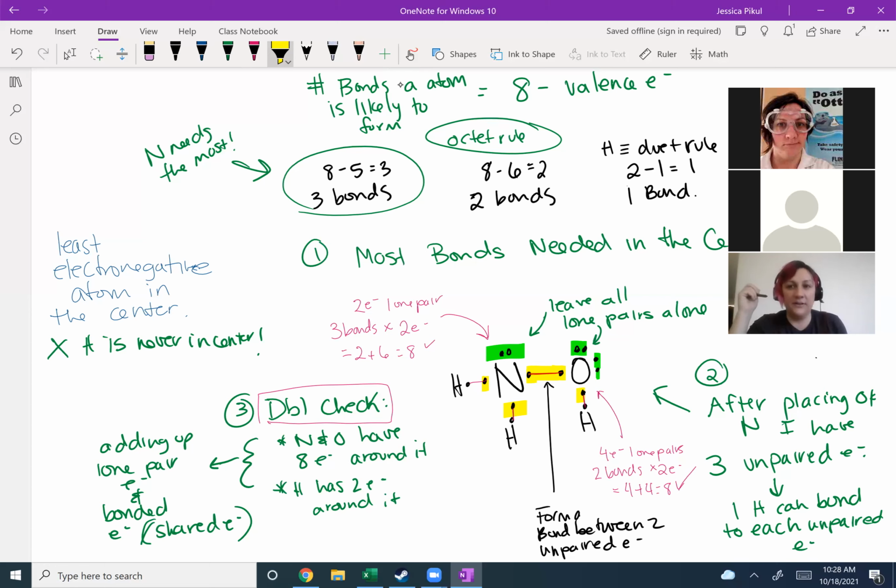I can also now go and count all of the valence electrons in my Lewis structure if I want. So I can compare the total. So I had 14 valence counted before. So I need 14 valence electrons in my structure. So I have, let's see, 1, 2, 3 lone pairs.